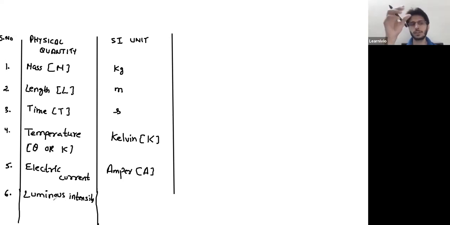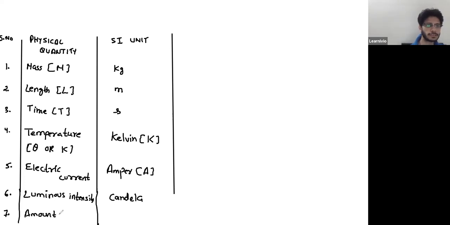That intensity of light is known as luminous intensity, which we measure in candela. The SI unit of luminous intensity is candela. Then the next is amount of substance. Mole.